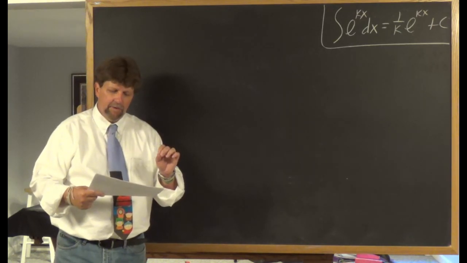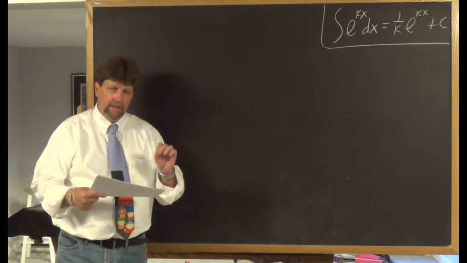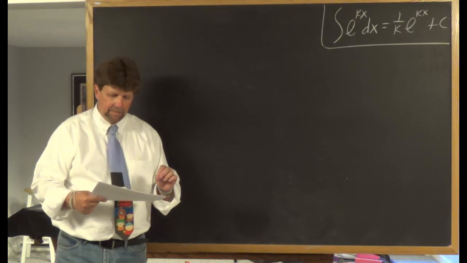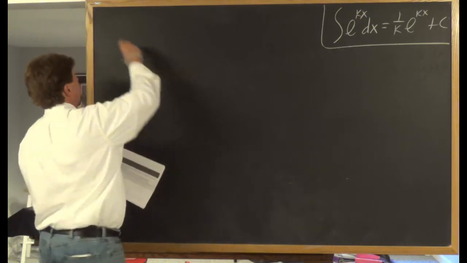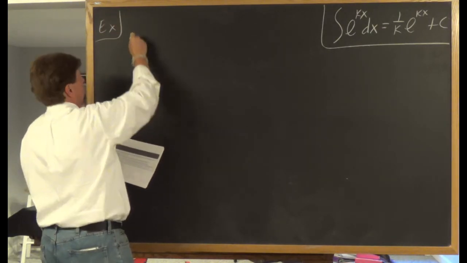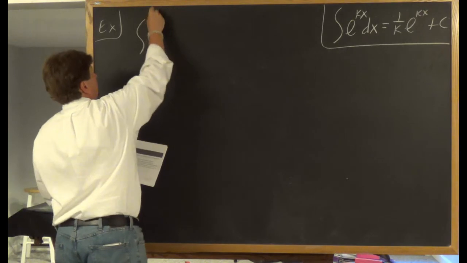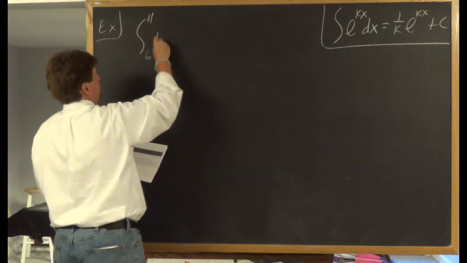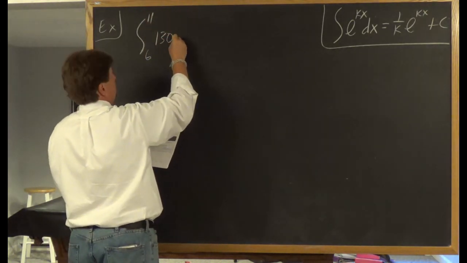So x is the number of years since 2000. F of x is a rate function. The example said, let's evaluate and interpret the integral from 6 to 11 f of x.